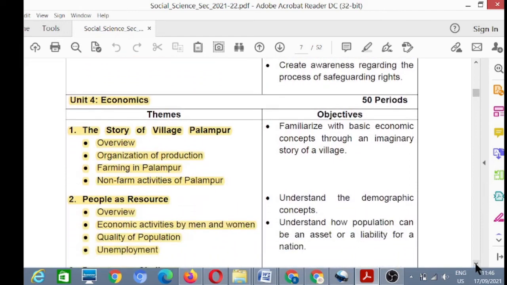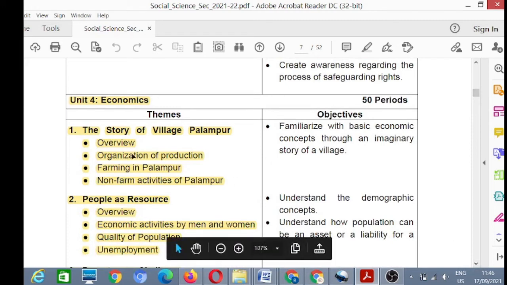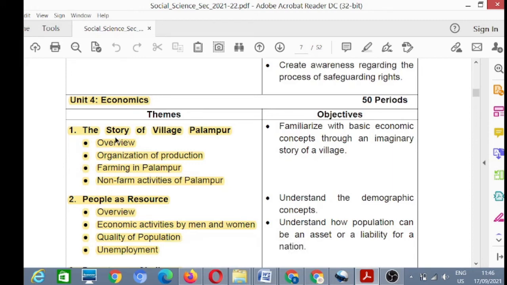Now the fourth unit is related to economics. The first chapter is the story of village Palampur. This is a case study type. A village named Palampur has been taken as an example.